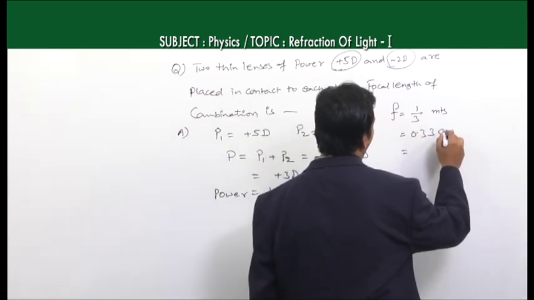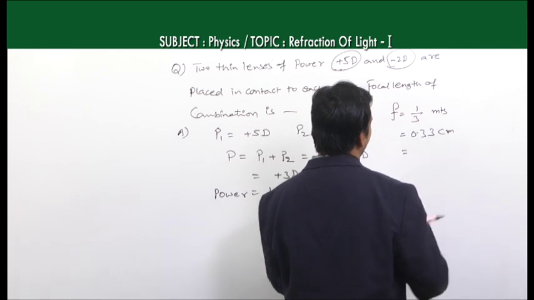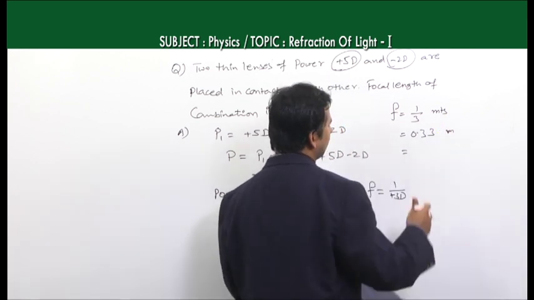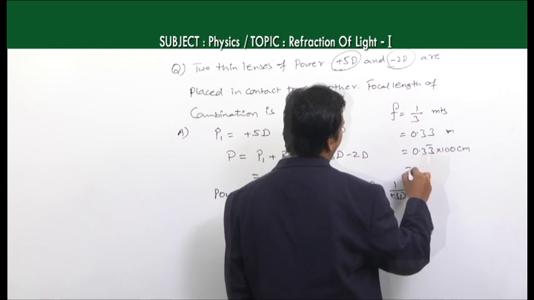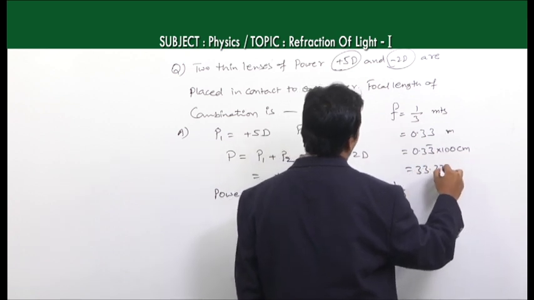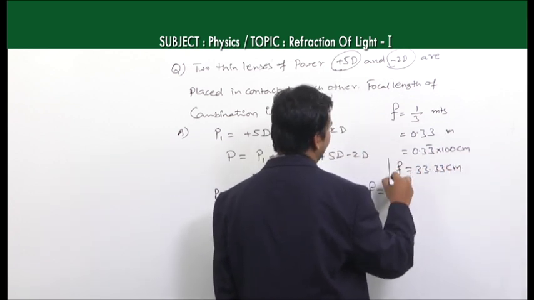If you convert that into centimeters, 0.33 into 100, finally we get 33.33 centimeters, the final focal length.